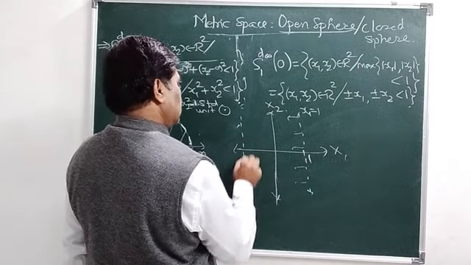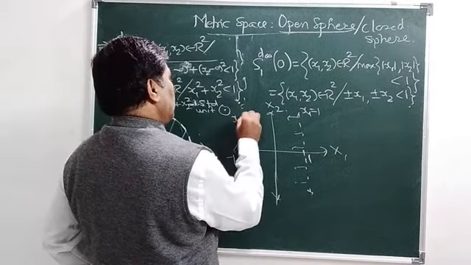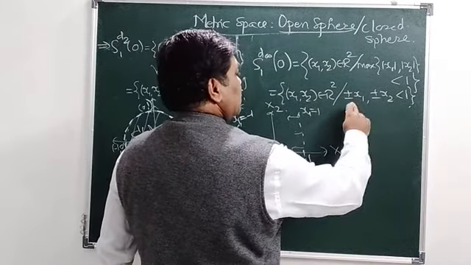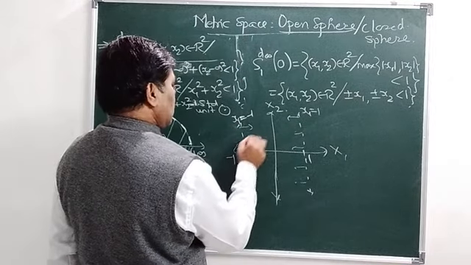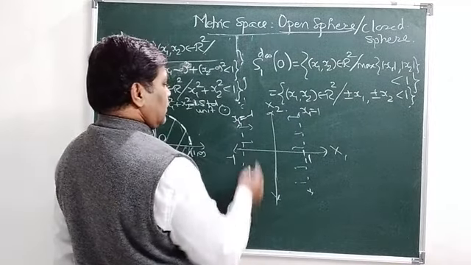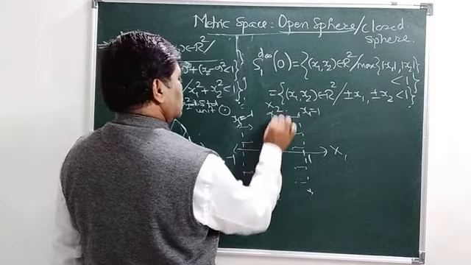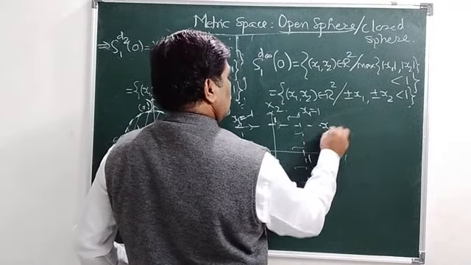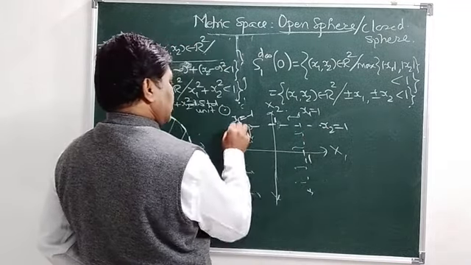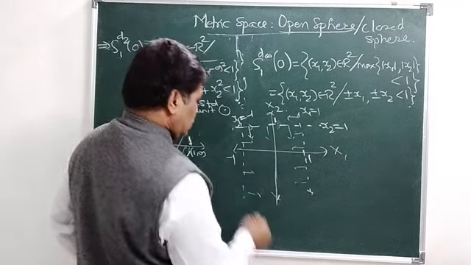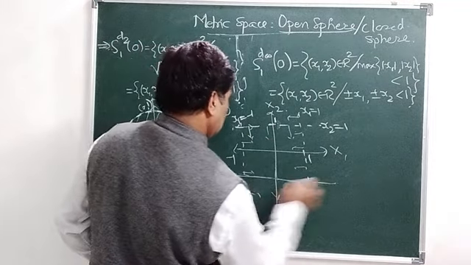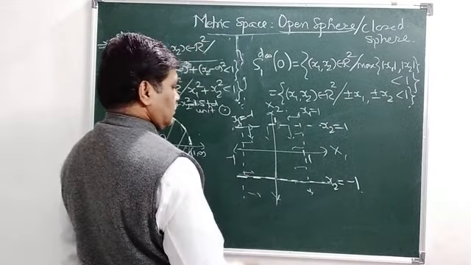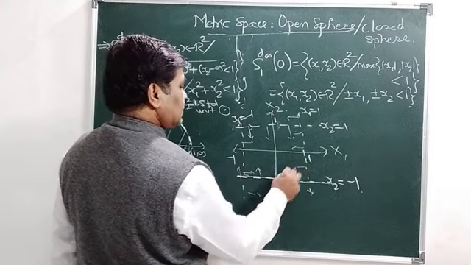This is my x1 equals minus 1 line, and minus x1 less than 1 means x1 is greater than minus 1, so this part. Then this is x2 equals 1, with x2 less than 1 below it. This is x2 equals minus 1, and on this side x2 is greater than minus 1.